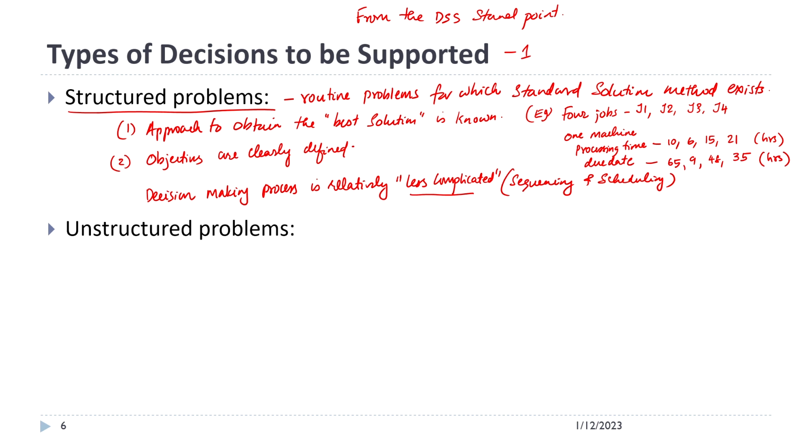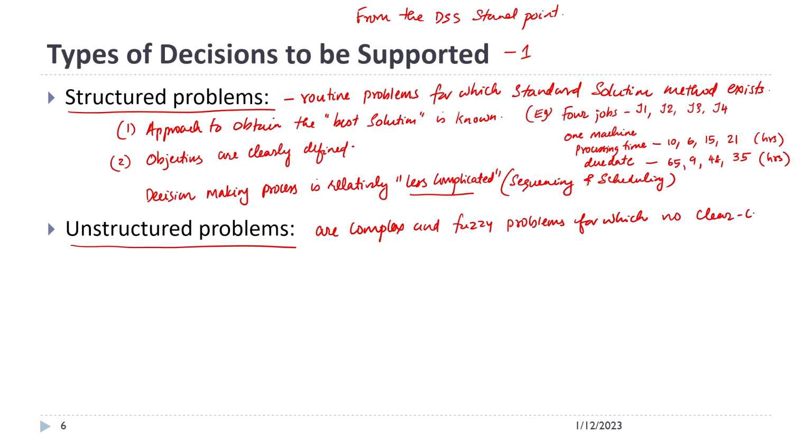Now, we will go to the second part, which we call the unstructured problem. These kinds of problems are complex and fuzzy problems for which no clear cut solution methods exist.